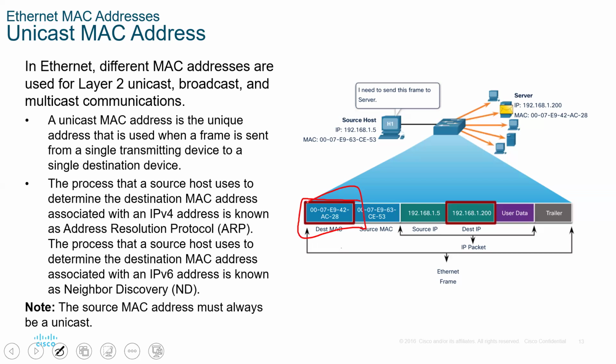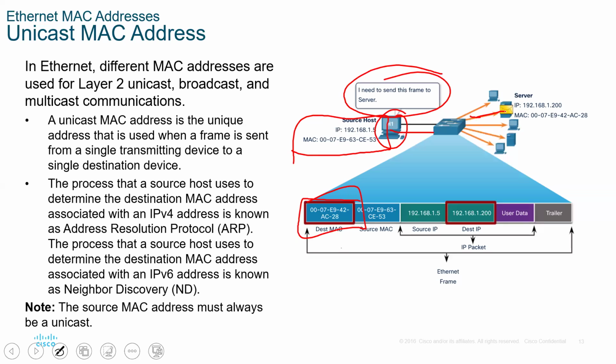So you see, H1 says that I need to send a frame to the server. And then it has the MAC address and the IP address of the server. So you see the message comes to the switch, it will check its MAC address table, and it knows that this server is in port 2. Then it will forward the frame directly to that. There is no problem.